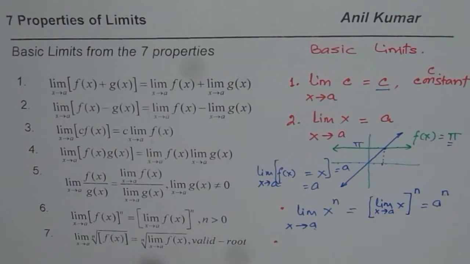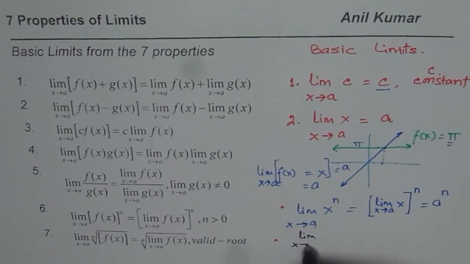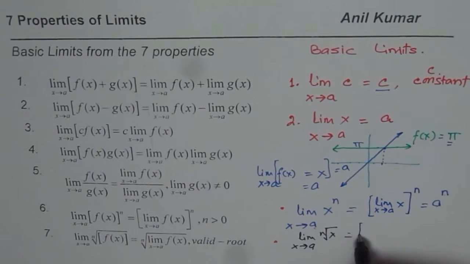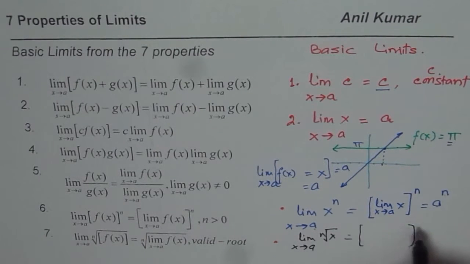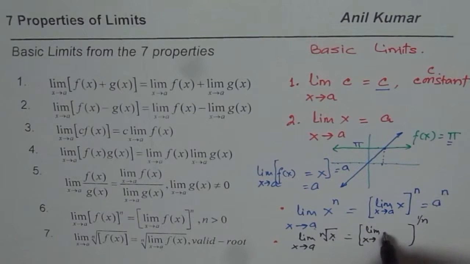Similarly, we can use this property to derive another important expression: the limit as x approaches a of the nth root of x. From this rule, we write the outside power of 1 over n, and inside it the limit of f of x as x approaches a, where f of x is x. So it is the limit of x, to the power of 1 over n.